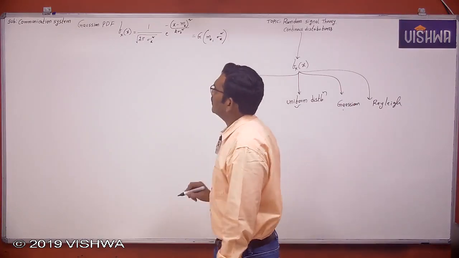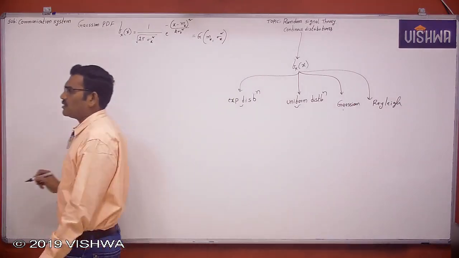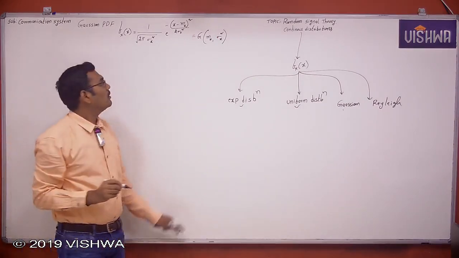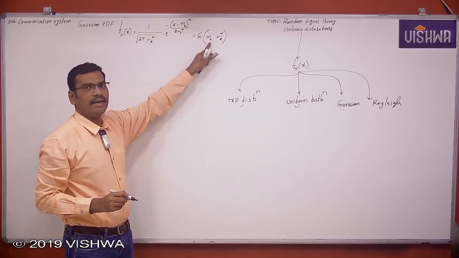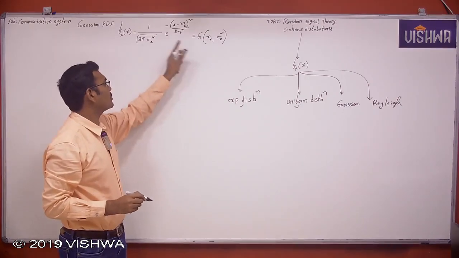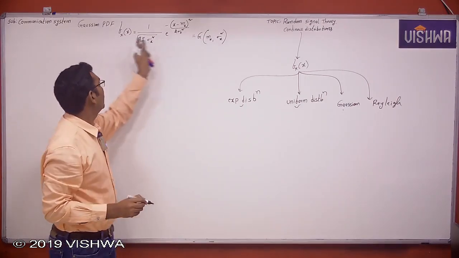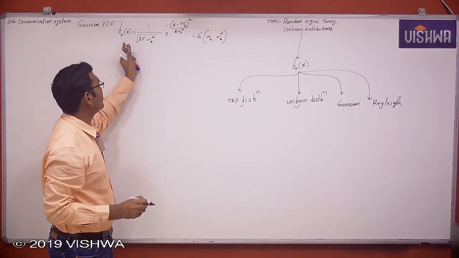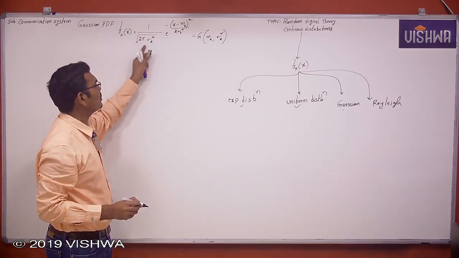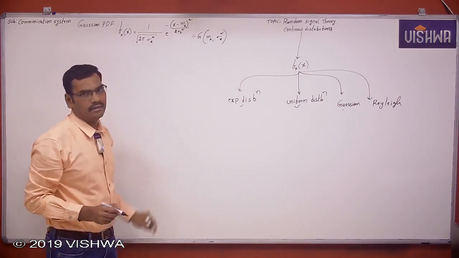Where mx is the mean of the random variable x and sigma x square is the variance of the random variable x. This is the Gaussian probability density function, a continuous distribution which is a function of mean and variance.